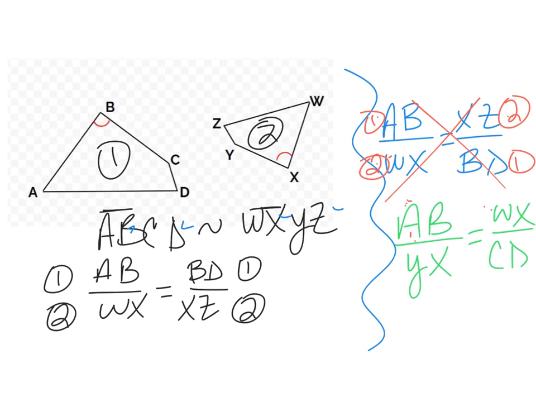Okay, so you might say, well, AB and WX correspond, and so do YX and CD, but here's what happened. This is on figure 1 again, and this is on figure 2, and then this is on figure 2, and this is on figure 1. So you have to make sure it matches this way, figure 1 to figure 1, figure 2 to figure 2, and then these have to be corresponding parts.